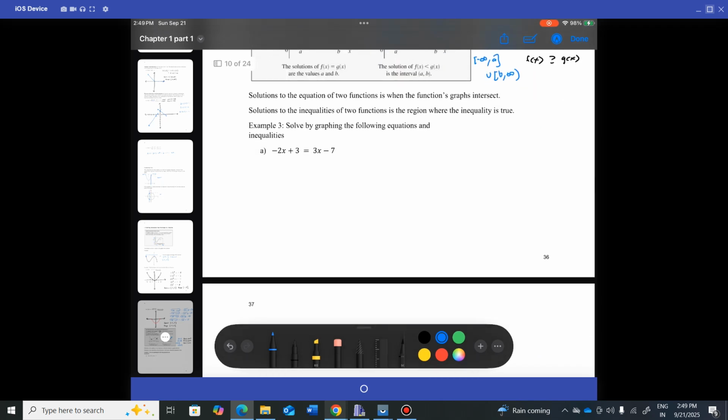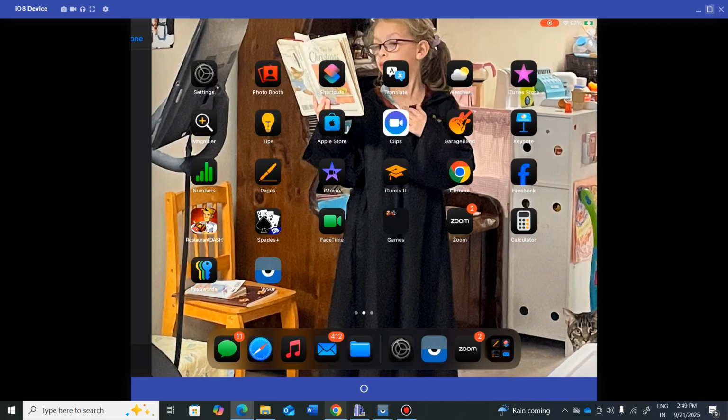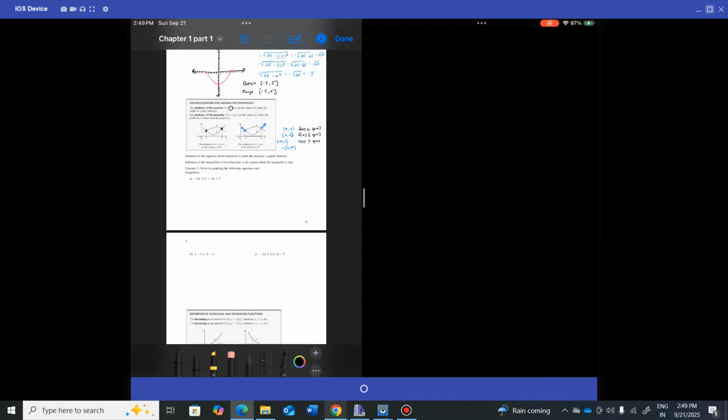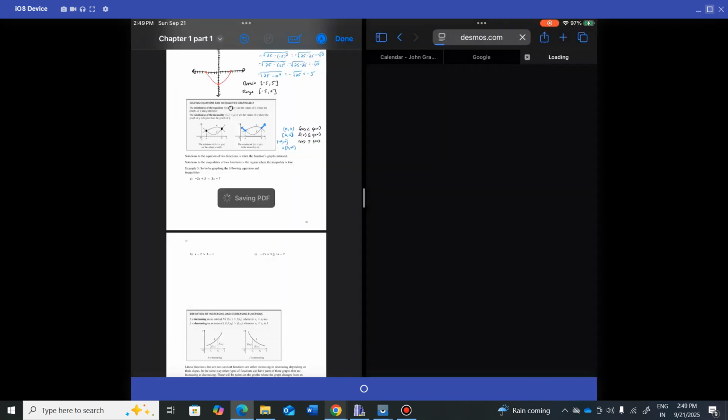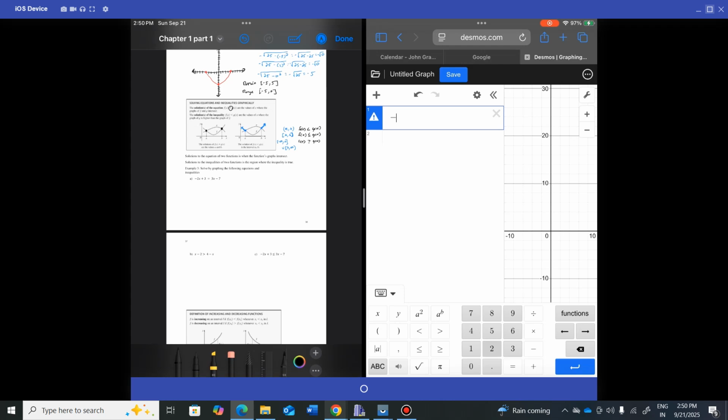All right, so let's say we have negative 2x plus 3 equals 3x minus 7. We want to look at the graph, so I'm going to graph these on Desmos. Negative 2x plus 3 and 3x minus 7.